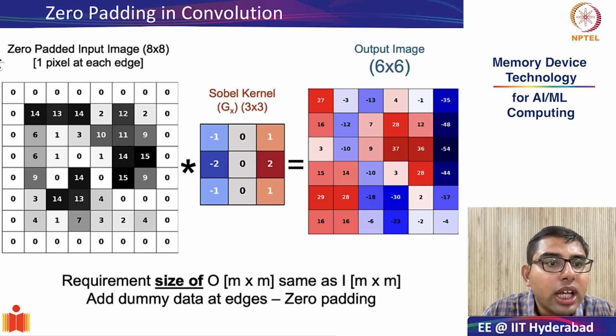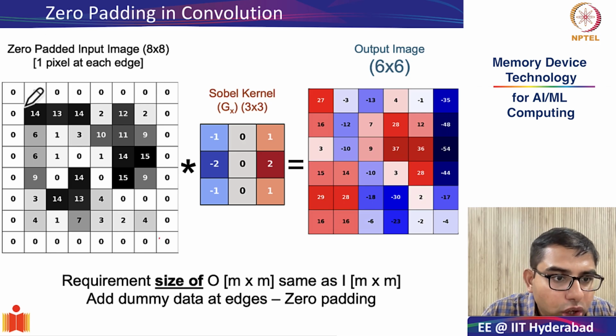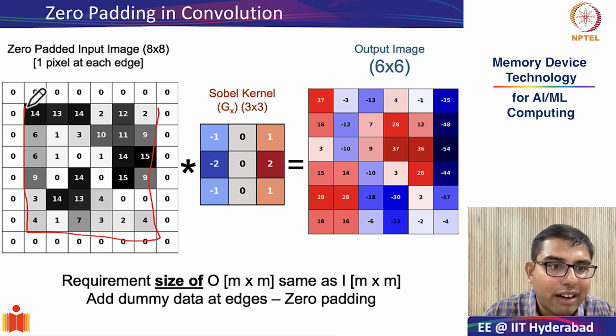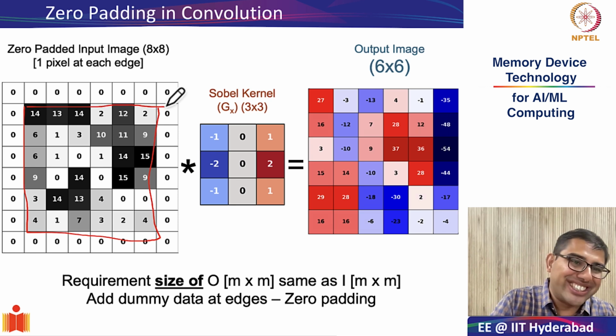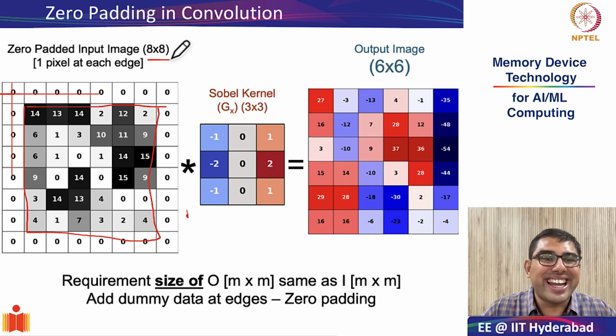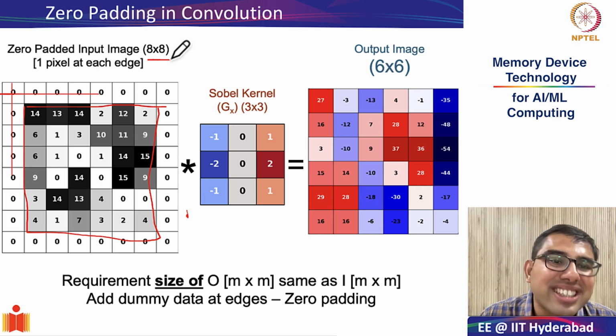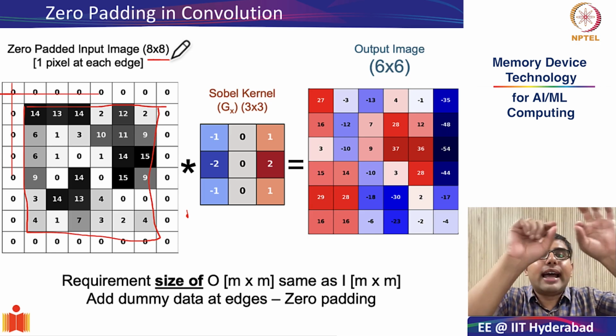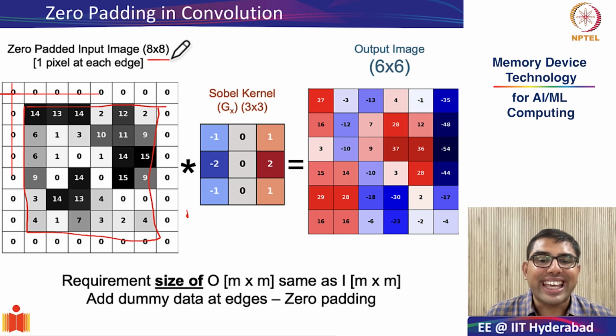As you see, this was your original 6 cross 6 matrix. I have added a row and a column on either side, and therefore the 6 cross 6 matrix with zero padding has become an 8 cross 8 matrix, because I have added 1 pixel at each edge.